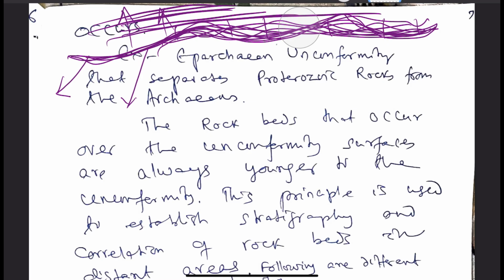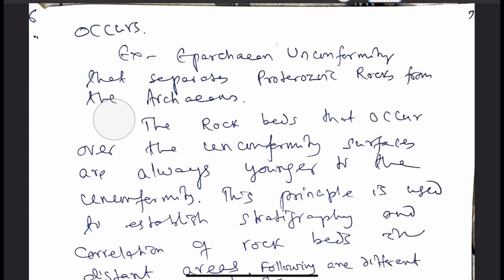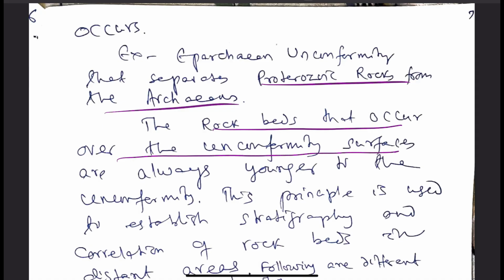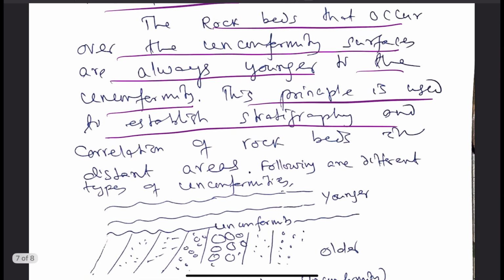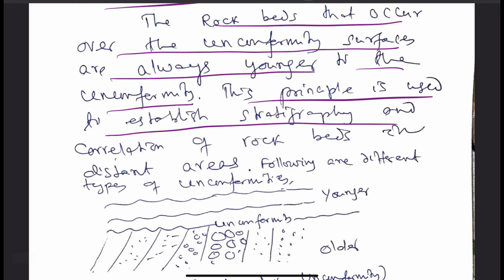For example, the Eparchean unconformity separates the Proterozoic rocks from those of the Archeans. All over the globe, this unconformity separates the Proterozoic rocks from the Archeans. The rock beds that occur over the unconformable surfaces are always younger than the unconformable surface. This is the principle. This principle is used to establish stratigraphy and is mostly used in stratigraphic correlation.